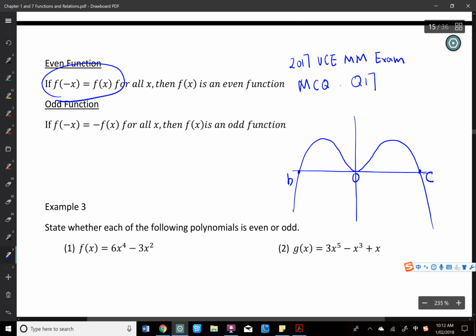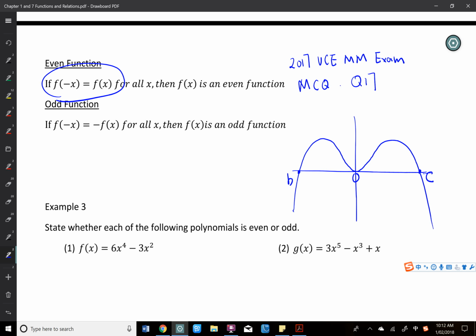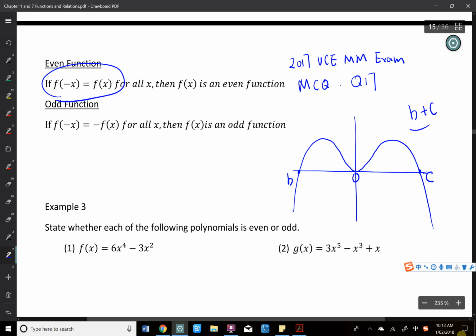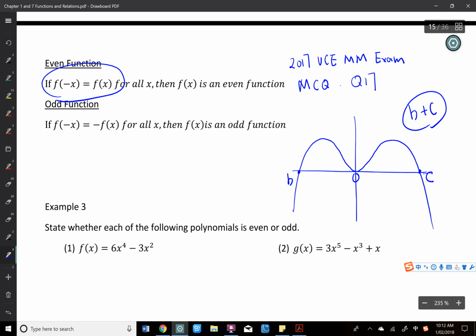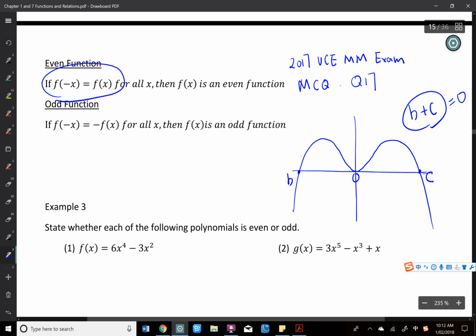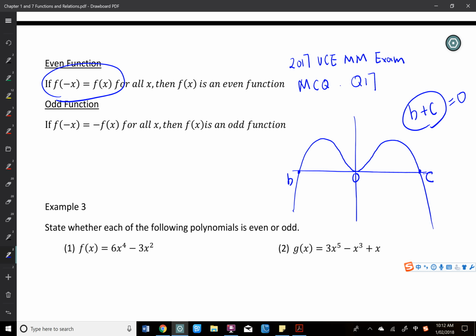So what do you think b plus c will equal to? 0. Okay, that will equal to 0. Because it's symmetrical, if b is negative 3, c is 3, which means when you add them, that will give you 0.